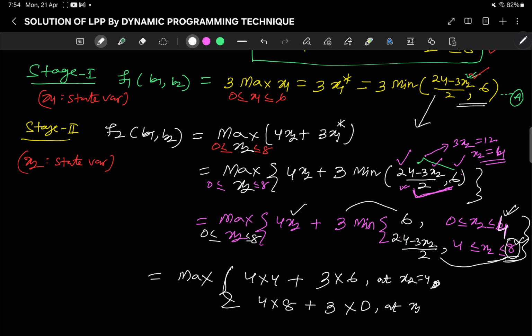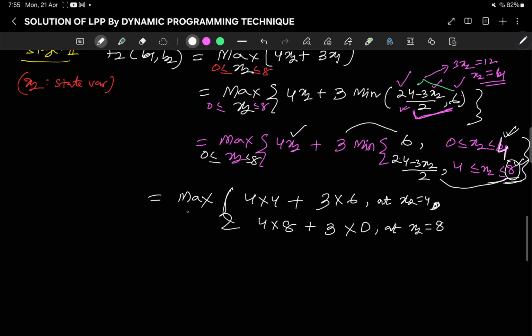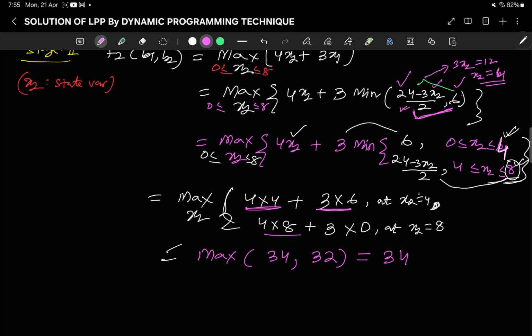So the maximum is 16 plus 18, which is 34, versus 32. The maximum value is 34, so the optimal value is x2 equal to 4.